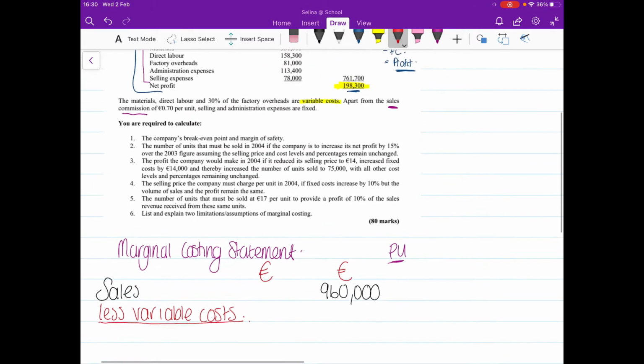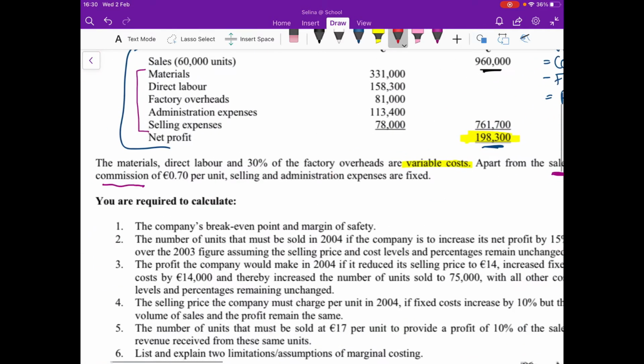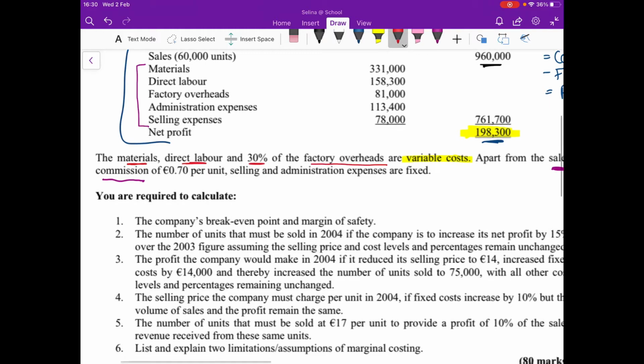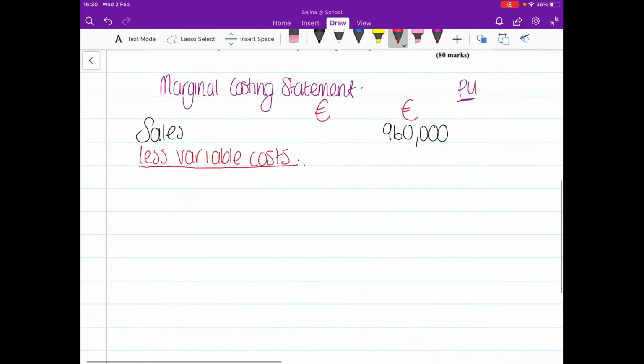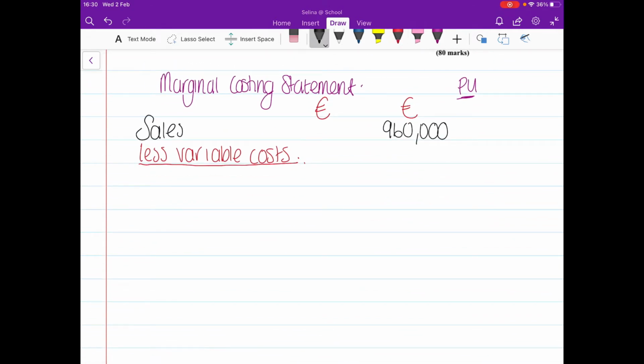What does it tell us about variable costs? It says that the materials and the direct labour and 30% of the factory overheads are variable costs. So I'm going to write down materials, direct labour and factory overheads because they're all variable. It doesn't matter what order you do these in.